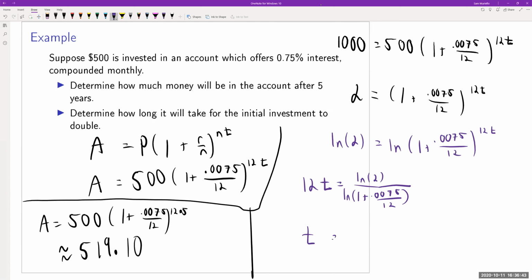Thus, t is equal to all of this over 12.